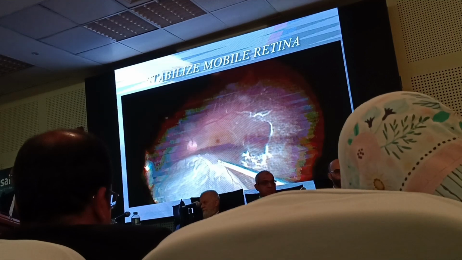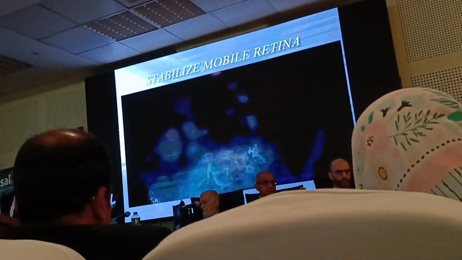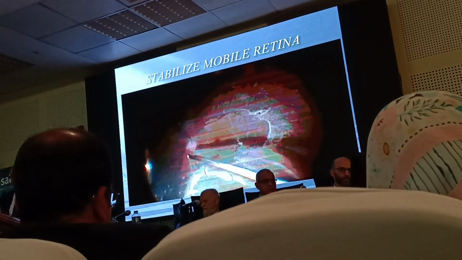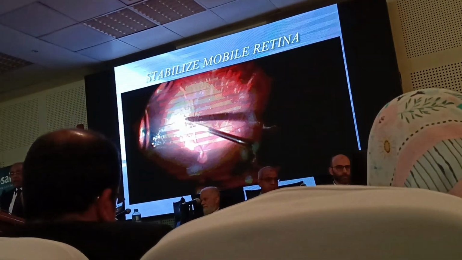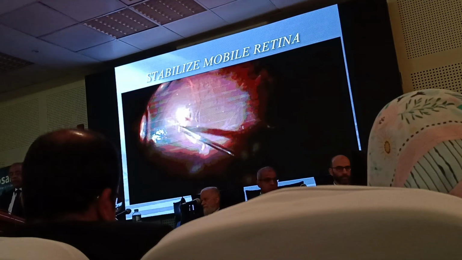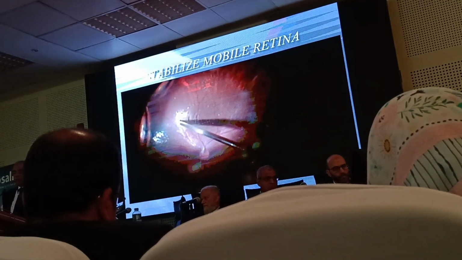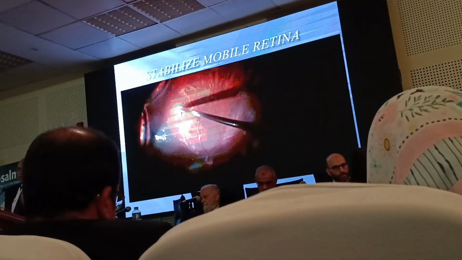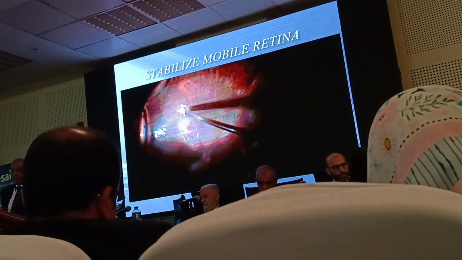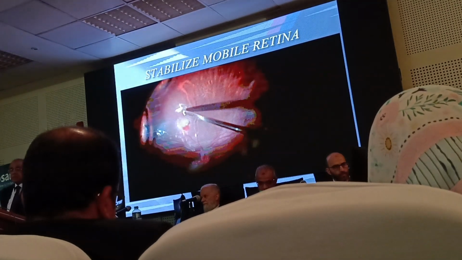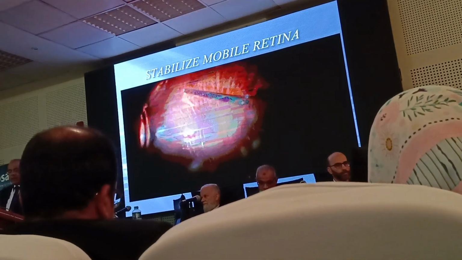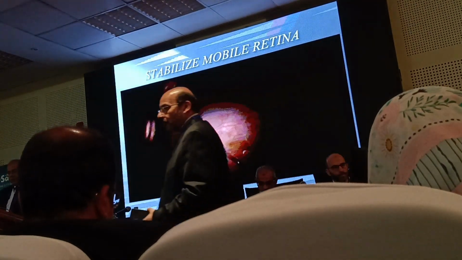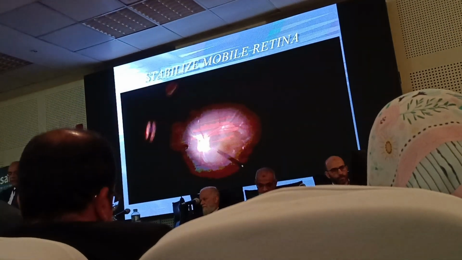First, you can use it to stabilize a very mobile retina, allowing you to perform steps like traction on the retina. Traction on a mobile retina is not effective actually in removing the posterior hyaloid or epiretinal membrane, and sometimes it is even dangerous. Here, the retina being very mobile may induce an iatrogenic tear in the retina.